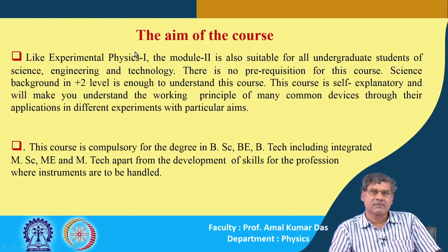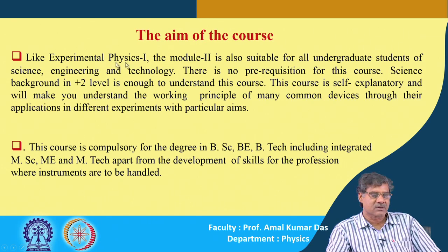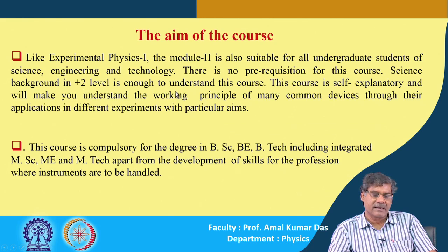Those who have taken experimental physics 1 know that there we discussed the experiments in a very simple way, and this course was suitable for science students, engineering as well as technology students. Like experimental physics 1, this module 2 is also suitable for all undergraduate students of science, engineering and technology.